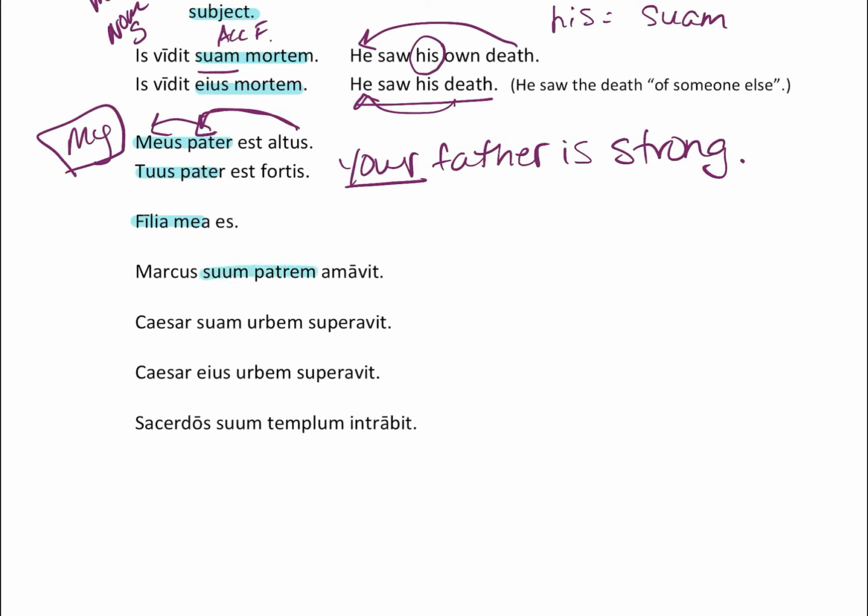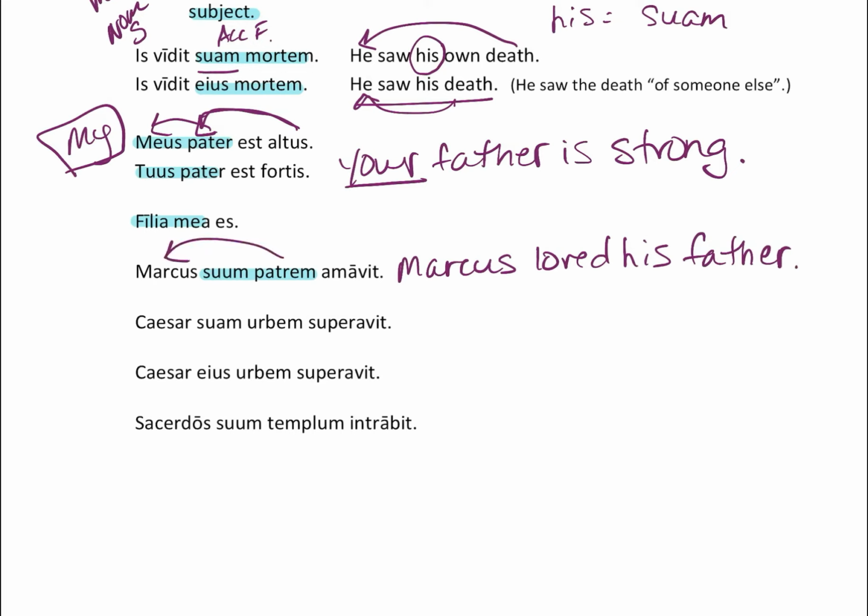Marcus suum patrem amavit. Marcus loved. This one we do know, because we have a subject with a gender. Marcus loved his father. Okay, so who's possessing the father? Marcus is.